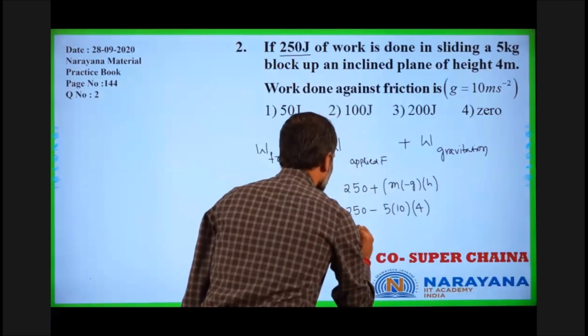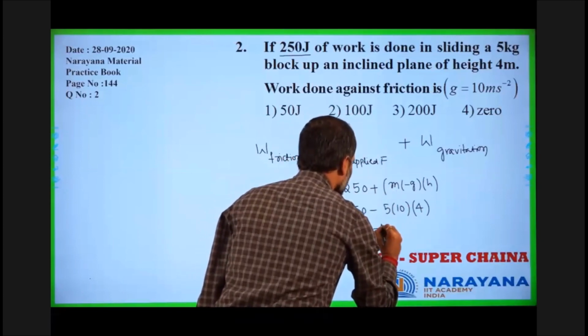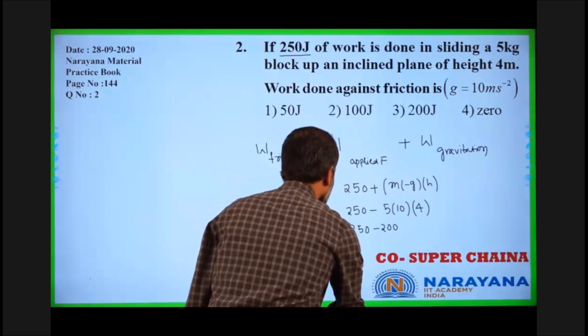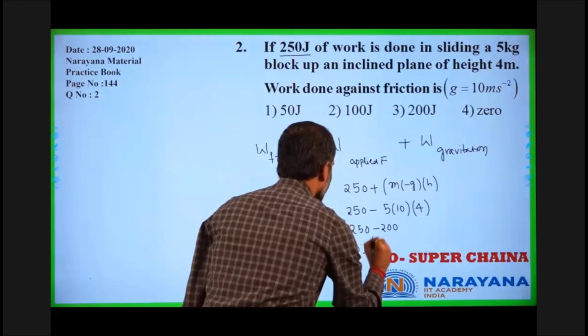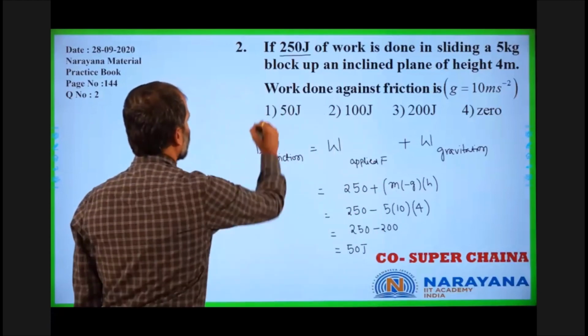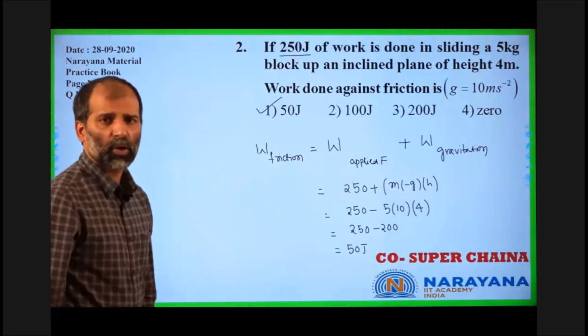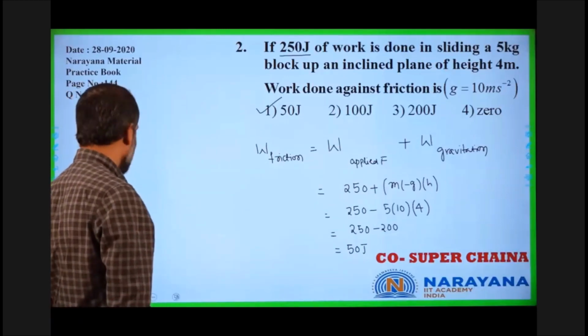So this is 250 minus 200, which is 50 joules, which is matching with our first option. Hope it is clear to everyone.